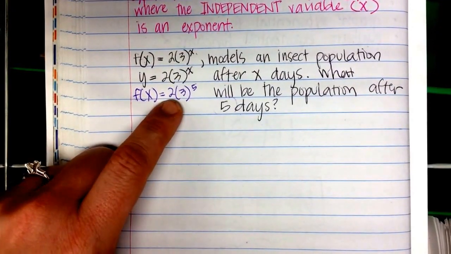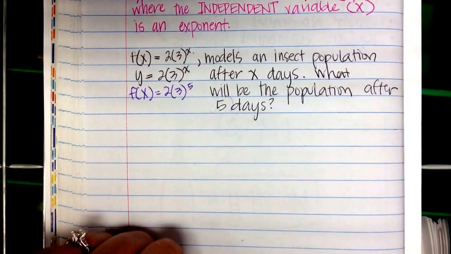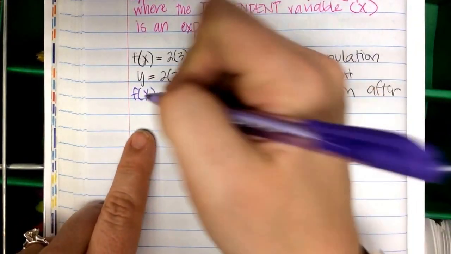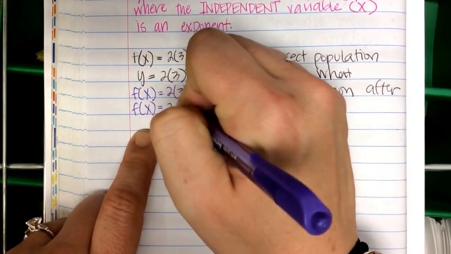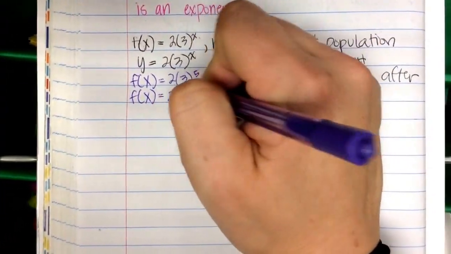Am I going to do 2 times 3 first, or am I going to do 3 to the 5th first? 3 to the 5th goes first. So, just so you can see what it looks like, 3 to the 5th is 243.